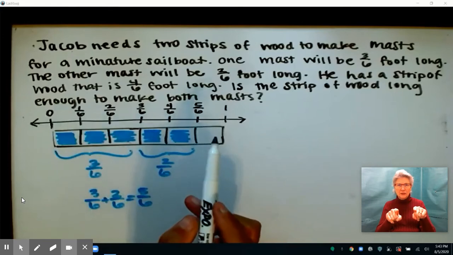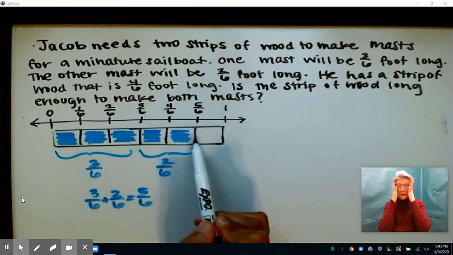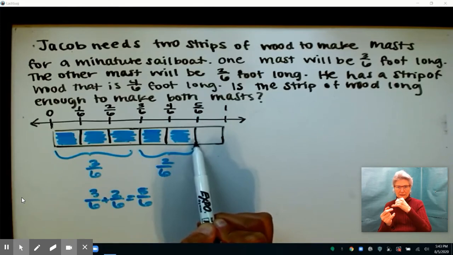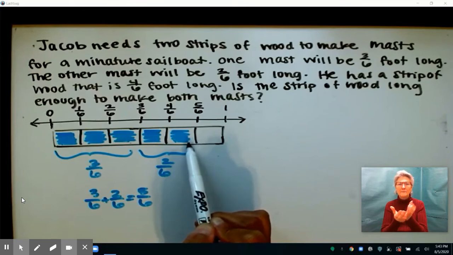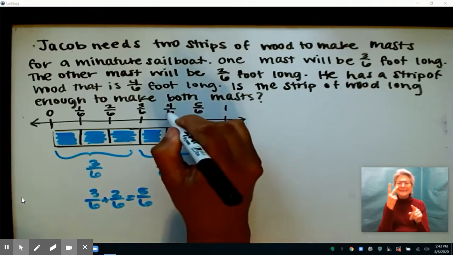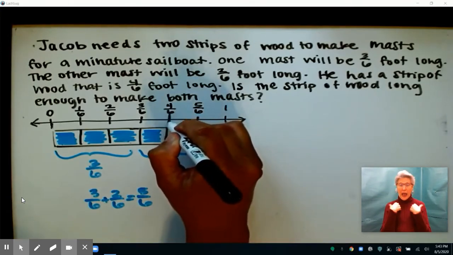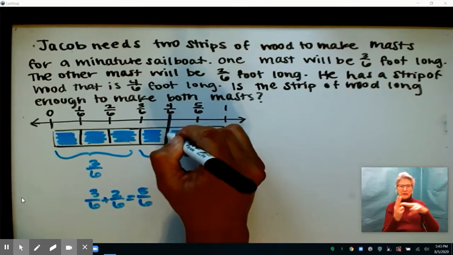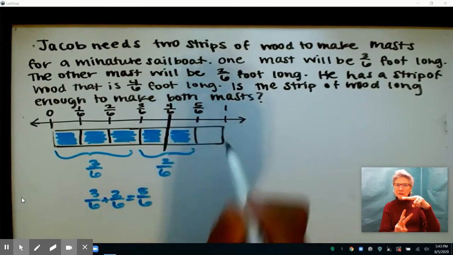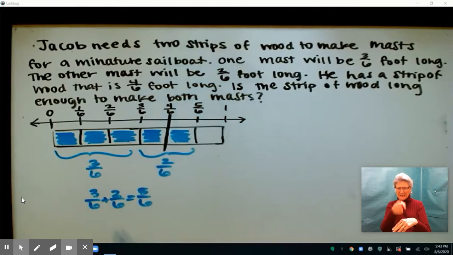I know that I need all the way up to 5/6, or this last shaded section of my model, for both masts. But I see that the amount that I have is 4/6, and I can use my number line to see that 4/6 falls right at that point where I drew that line.